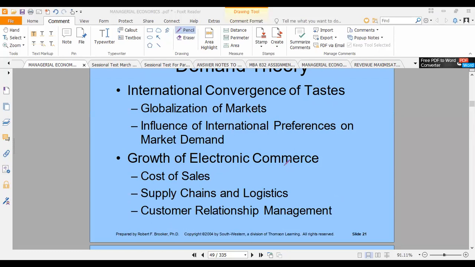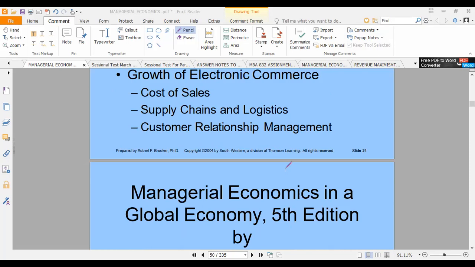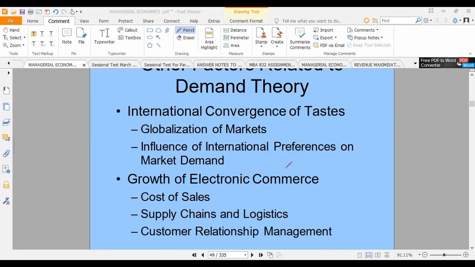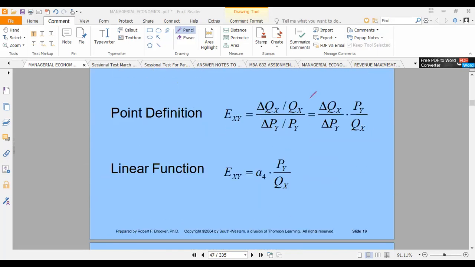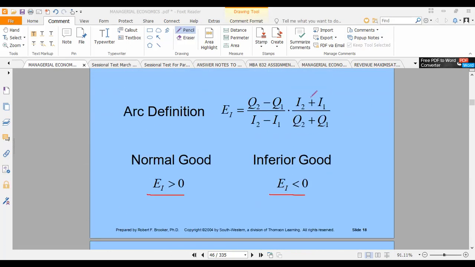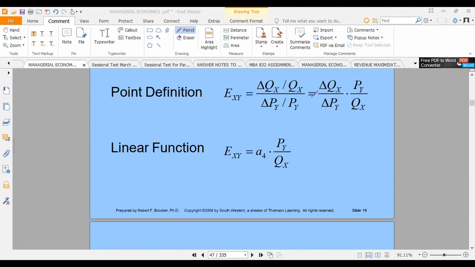You may not have certain compatibilities of systems in developing countries compared to developed countries, and so demand may be affected by those other factors. For now, I've tried to combine marginal revenue analysis with elasticity of demand and a few other elasticities.